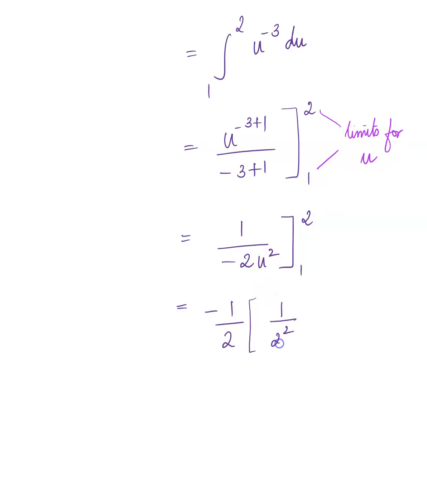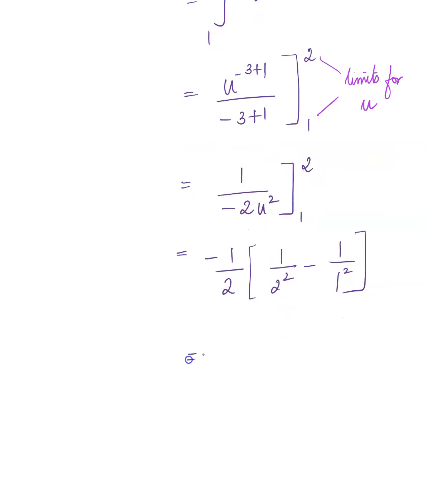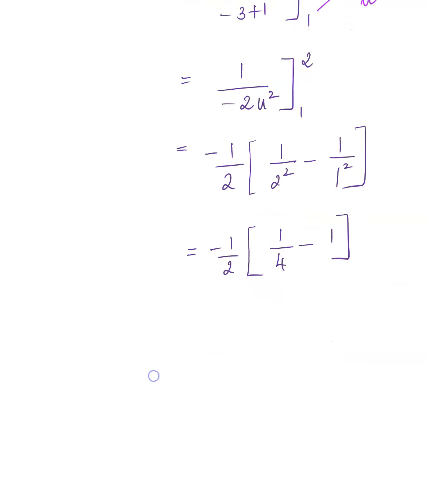So 1 over 2 squared minus 1 over 1 squared. I always like to keep my constant outside. But you'll see that some of the solved examples will keep it together, and then they substitute it. Not a problem. 1 over 4 minus 1. Yeah. So clean all that up. And that's going to be negative 3 over 4. That's going to be positive 3 over 8.